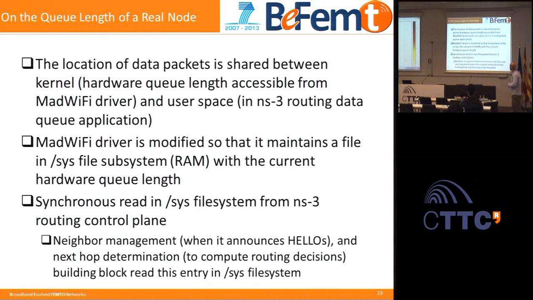What we did is register the hardware queue length on the RAM file subsystem, which is quick and fast to be accessed by the NS3 application. So thanks to this file, we can get the hardware queue length. This hardware queue length is sent to the NS3 application, and so we can get the total queue length of the node.